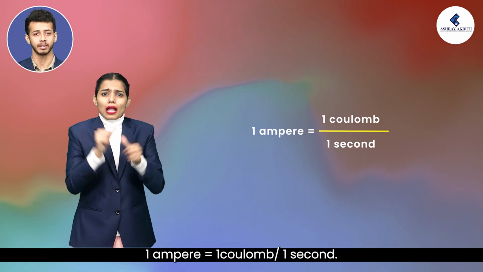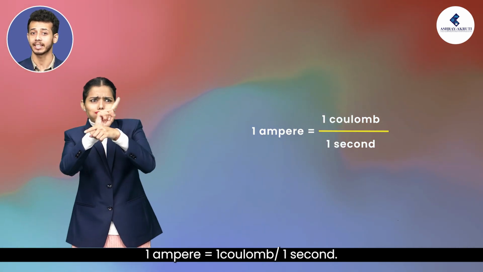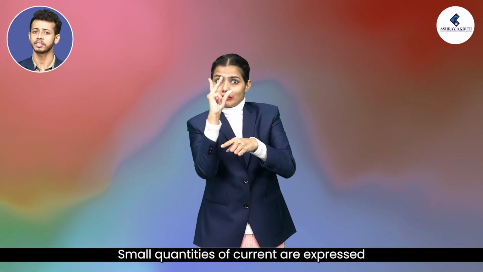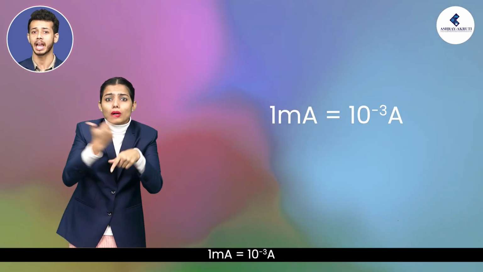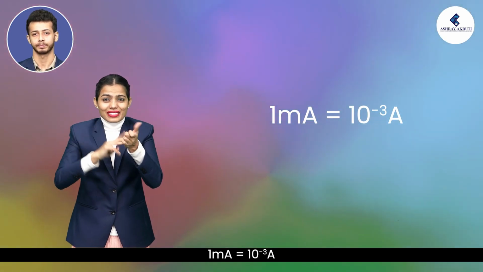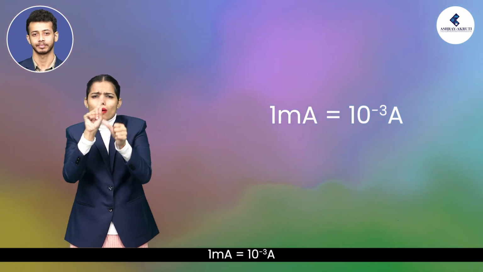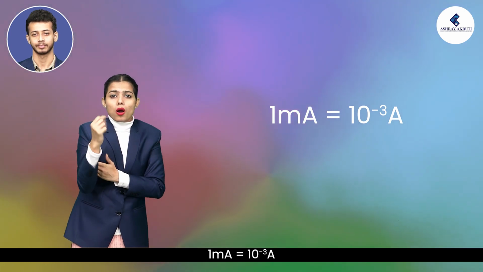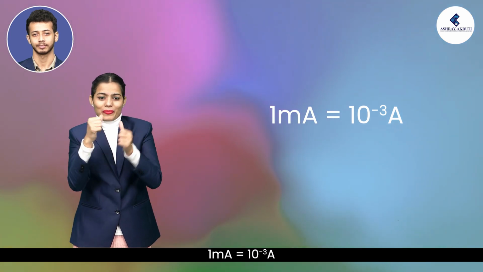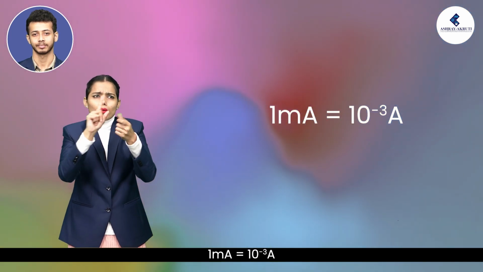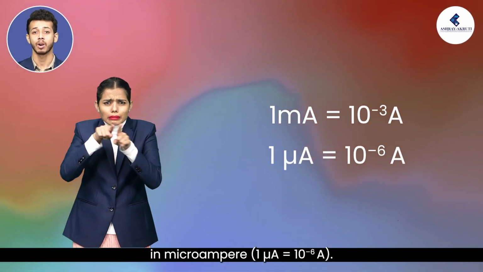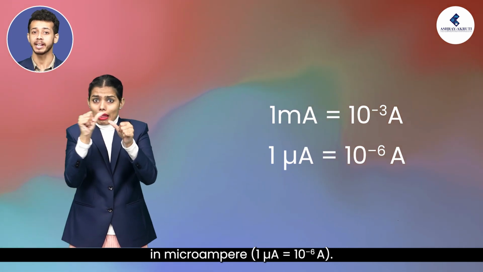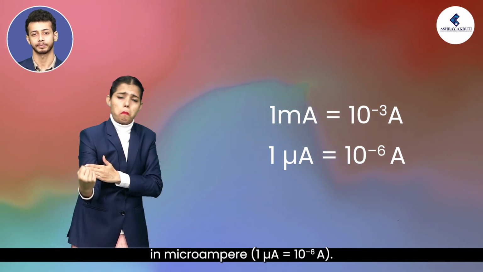Hence, 1 ampere equals 1 coulomb by 1 second. Small quantities of current are expressed in milliampere. 1 milliampere equals 10 to the power of minus 3 ampere. In microampere, 1 microampere equals 10 to the power of minus 6 ampere.